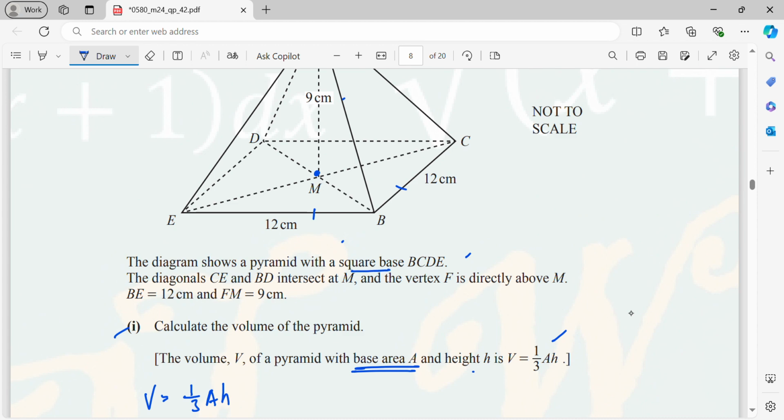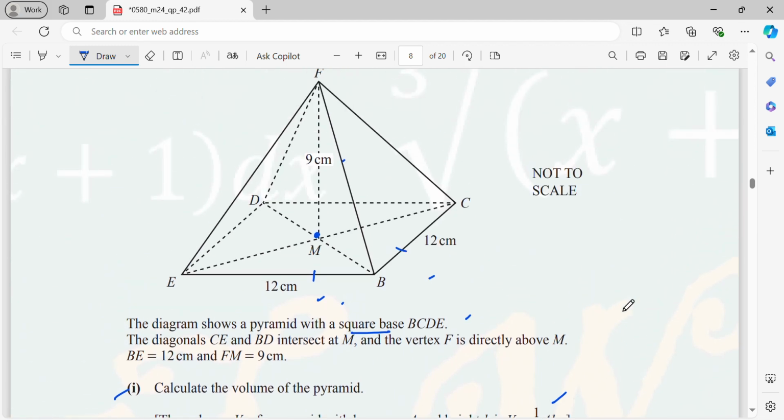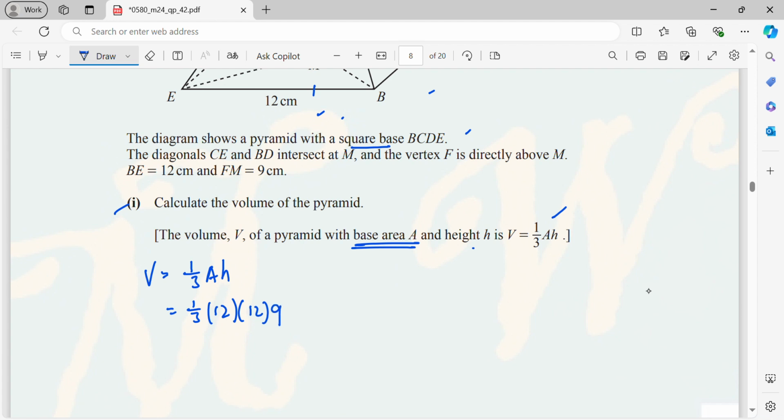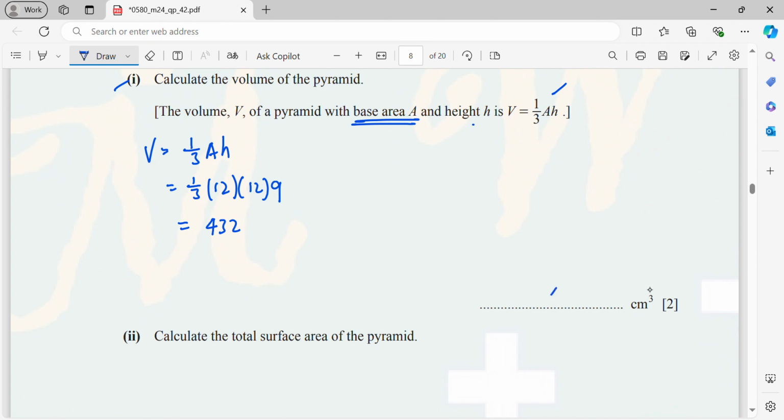That means the area is 12 times 12. Then H is the vertical height, which is 9. Then you will be getting 432 centimeter cube, because this is volume.